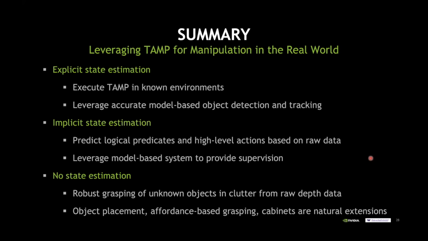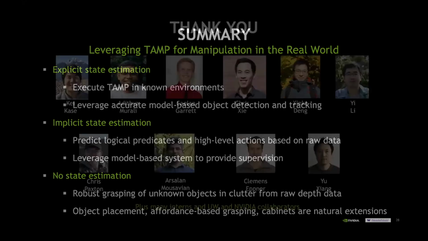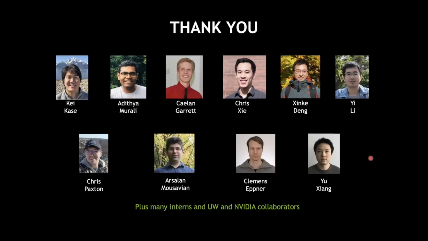For example, with the system that I just showed you, with similar approaches, I can well imagine that you can train a system to place objects in a scene, to grasp objects according to affordances, and also to handle cabinets. The interesting question will then be, how far can we chip away from these traditional task and motion planning capabilities with this bottom-up approach? And with that, I'd like to thank all the great students and interns who worked on this, and also, of course, the Nvidia researchers and our collaborators.